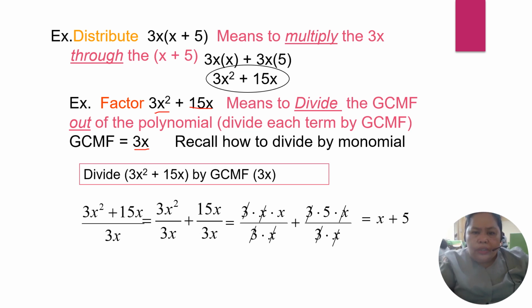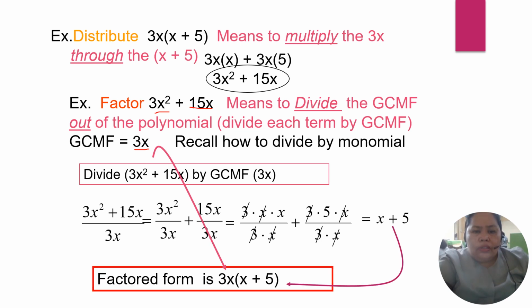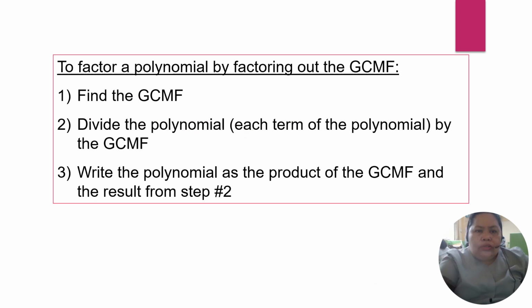What remains is x plus 5. So the factored form is 3x times the quantity x plus 5. Now, to factor a polynomial by factoring out the GCMF: first find the GCMF, divide the polynomial by it, and then write the polynomial as the product of the GCMF and the result from step 2.